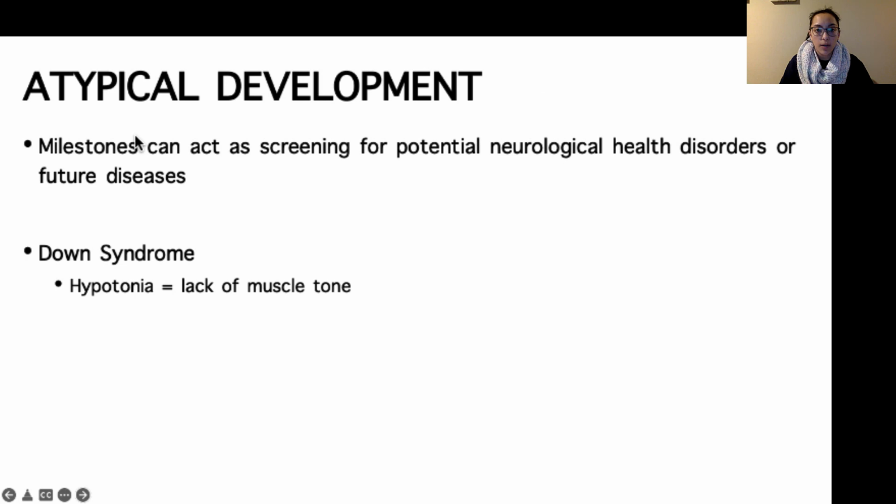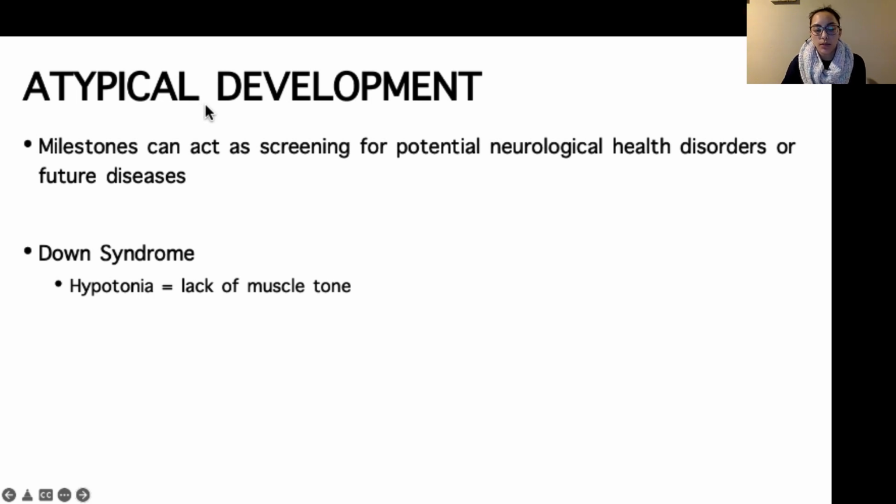Similar to how we used infantile reflexes as a method of assessment, looking at the attainment of motor milestones and that sequence in relation to the typically developing child could help us identify possible neurological health disorders, future diseases, or atypical development.